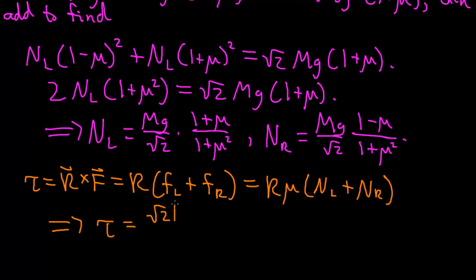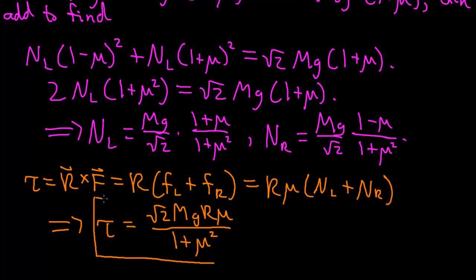So square root of 2 mgr mu, and in the bottom 1 plus mu squared. So that's the torque generated by the two frictional forces, and that means it's also the torque that we need to apply, or the guy spinning the cylinder has to apply, in order to keep it rotating at the same angular velocity.